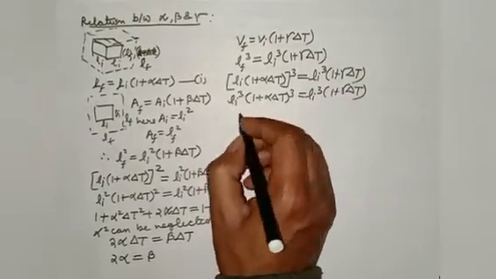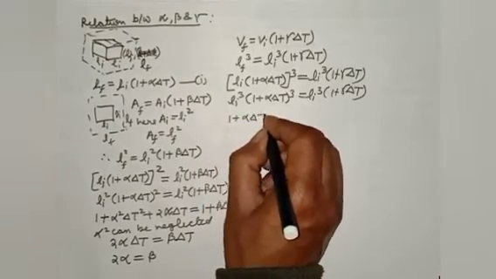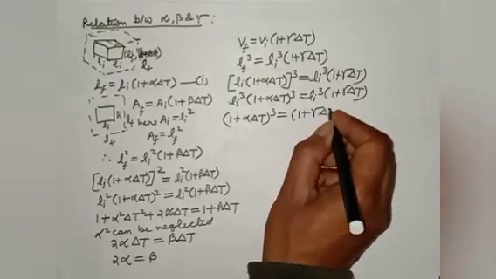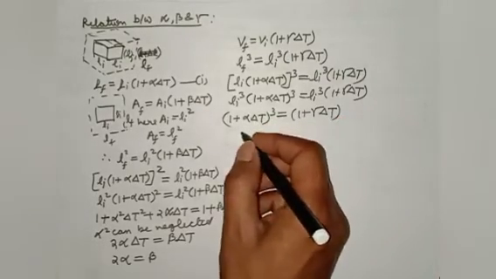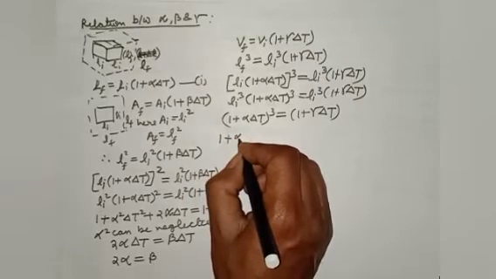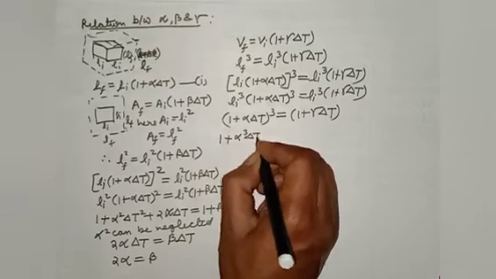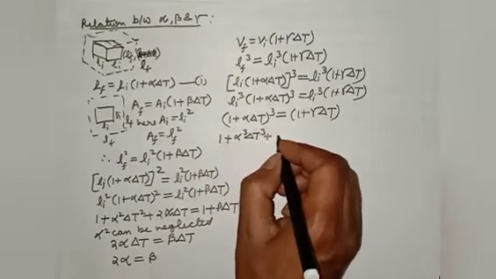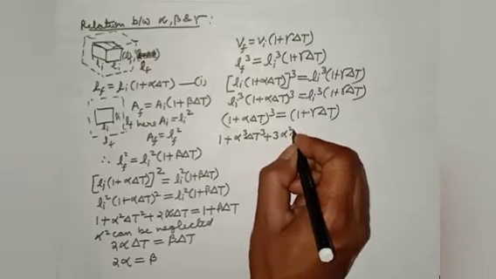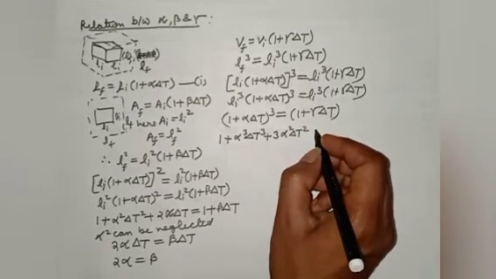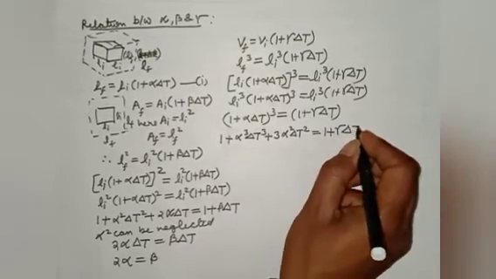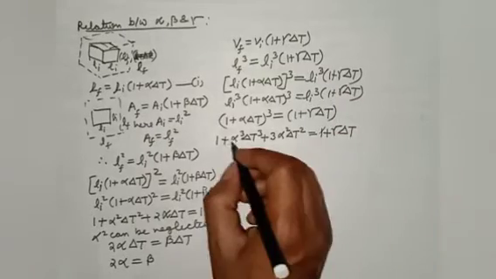Li will get cancelled. (1 plus alpha delta T) whole cubed is equal to 1 plus gamma delta T. Take the cube of it: a cubed plus b cubed plus 3ab squared, where 3a is 1, b squared, is equal to 1 plus gamma delta T. So now the 1 will get cancelled.